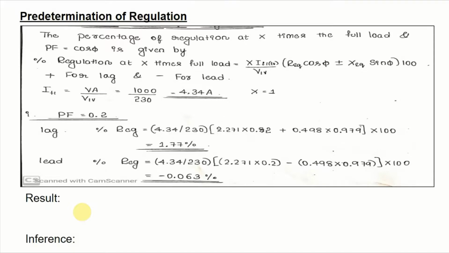However, in order to determine the maximum temperature rise, we can go for Sumpner's test, because here both the transformers, though there is no load connected, are virtually operating at full load. Hence we can calculate the full load maximum temperature rise of the transformer, and using this test we can also calculate the efficiency of the transformer.